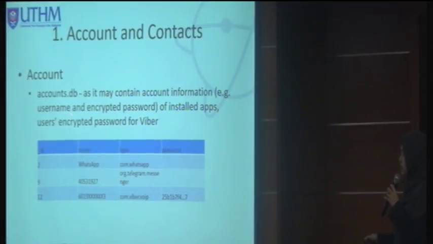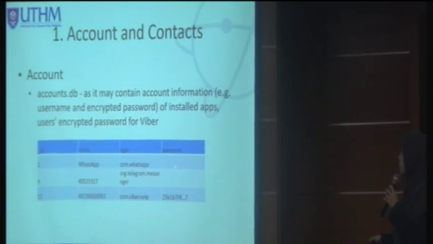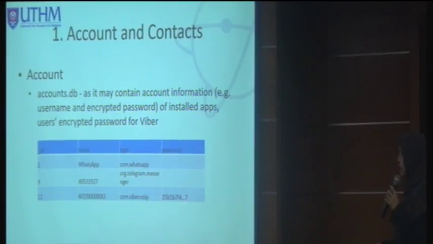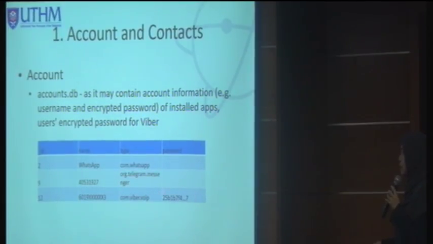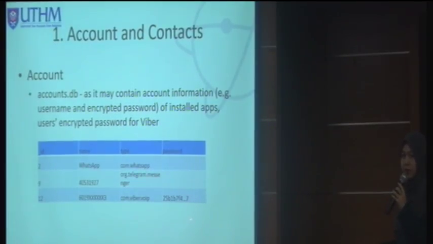The information stored includes the name of the app, the type, the component name, and also the password. As you can see here, for WhatsApp and Telegram there is no password, but for Viber there is a password stored in the database, in encrypted format.